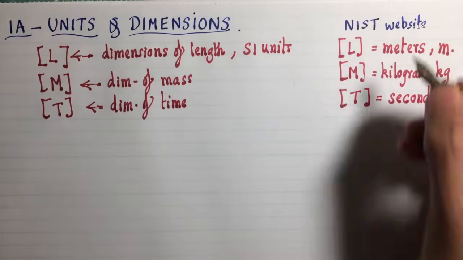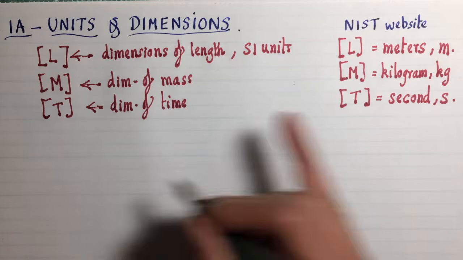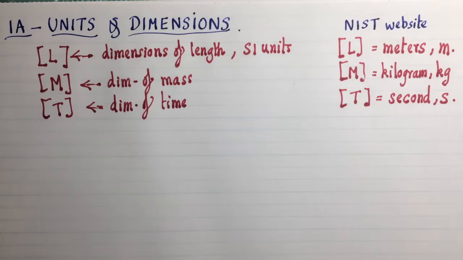So just Google that and you'll find the NIST website. So anyway, these are the three main units for UP1. In UP2, you can add the units of magnetic field and the unit of charge and a few others. In UP1 or University Physics 1, we're only going to have these three.